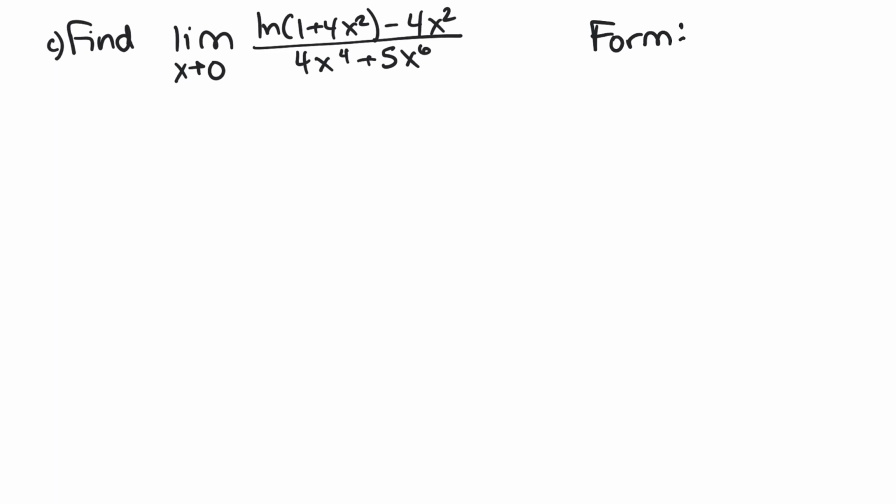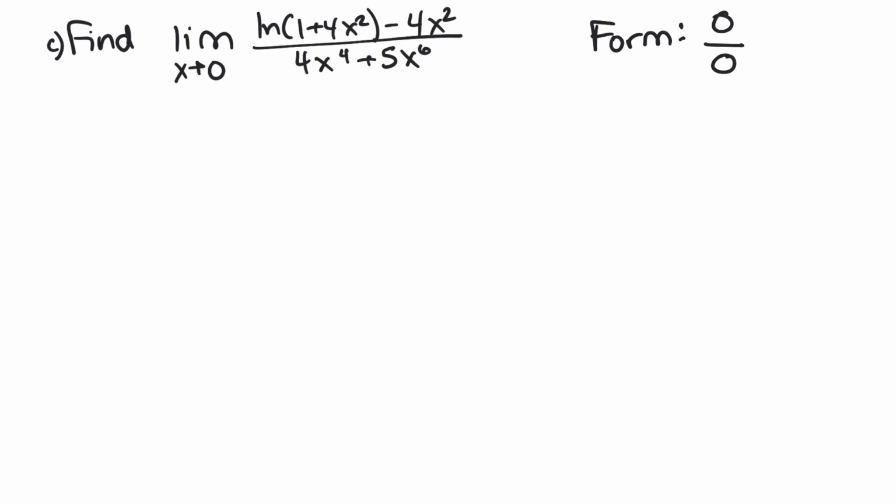And we get a natural log of 1 plus 0, which is natural log of 1, which is 0, minus 4x squared. And as x goes to 0, that will also be 0. So we have a 0 on top. And on the bottom, we have a polynomial, 4x to the 4th plus 5x to the 6th. And when we plug 0 into that, we're also going to get 0. So this is a form 0 over 0. So we do need to do something interesting here.